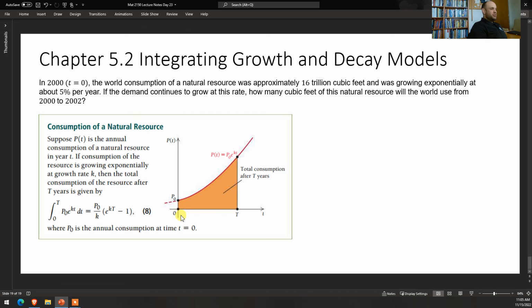Then the integration from t equals 0 to t equals 2002, or 2 for us, gives us the area under the curve and represents the total amount of the resource used after t years.